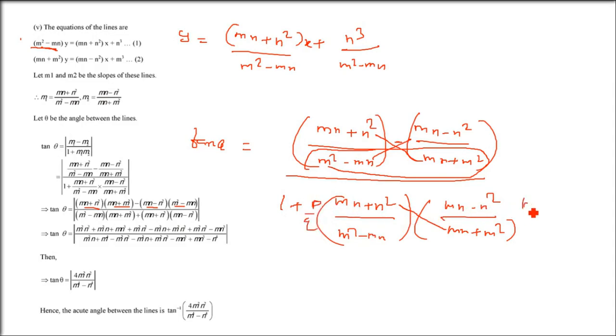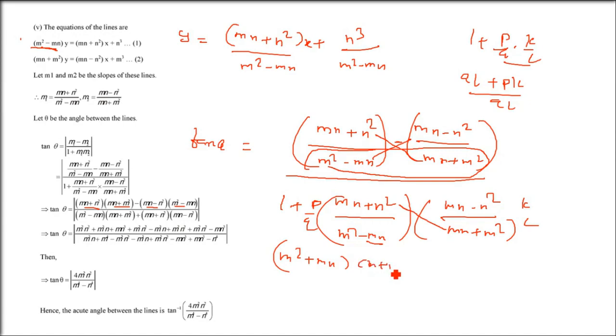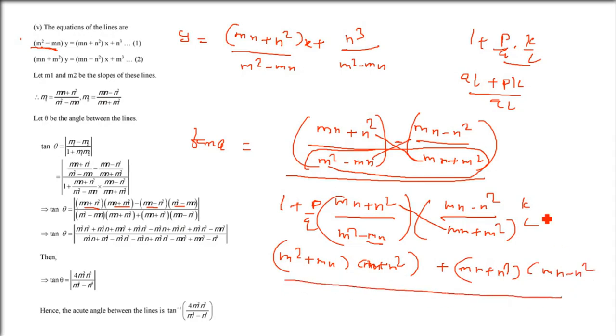So let us say that this is p by q, this is k by l. So 1 plus p by q into k by l. What are you going to get? ql plus pk by ql. And this ql is, I'm saying, this is m square minus mn. And this mn plus n square, and here you get plus mn plus n square, mn minus n square. The first one is m square minus mn, okay? I hope you understand this.